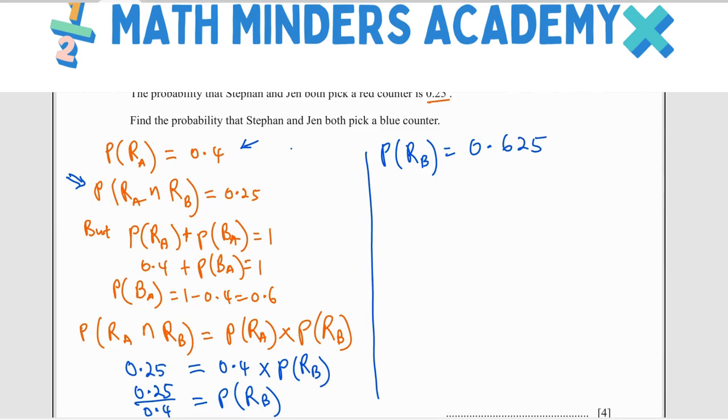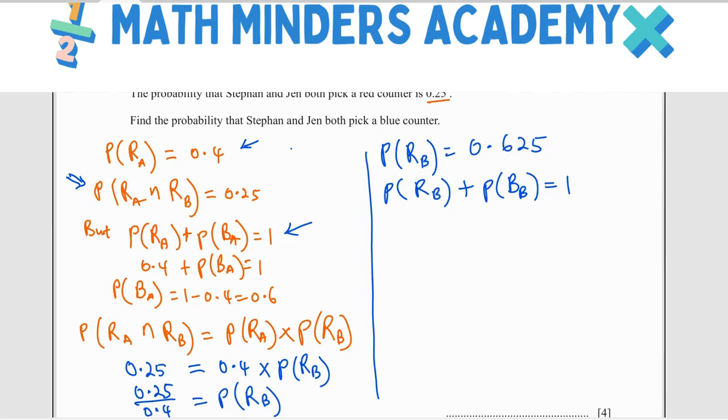Again, also note that the probability of picking red from bag B plus the probability of picking blue from bag B will give us 1, just the way we had it here.